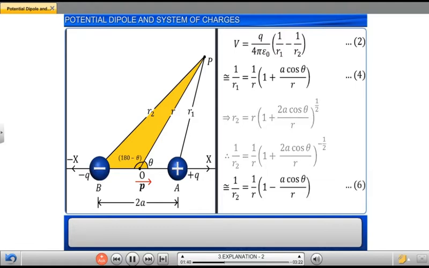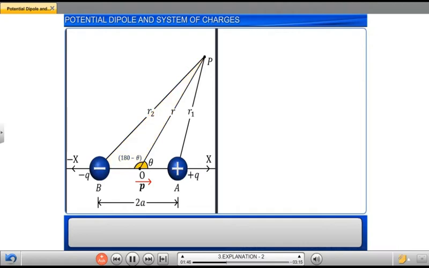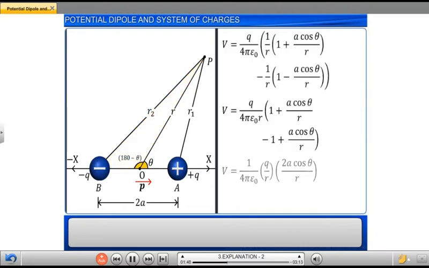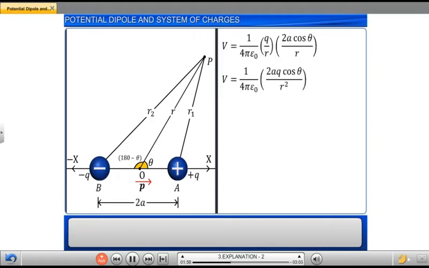Substituting equations 4 and 6 in equation 2 and simplifying, we have V is equal to 1 by 4 pi epsilon naught into q by r into 2a cos theta by r, which will be equal to 1 by 4 pi epsilon naught 2aq cos theta by r square.